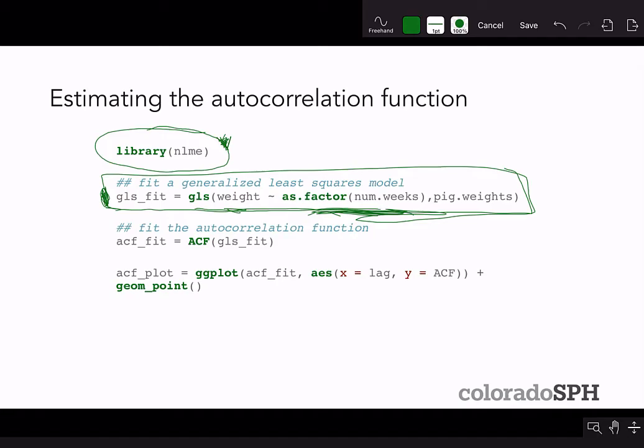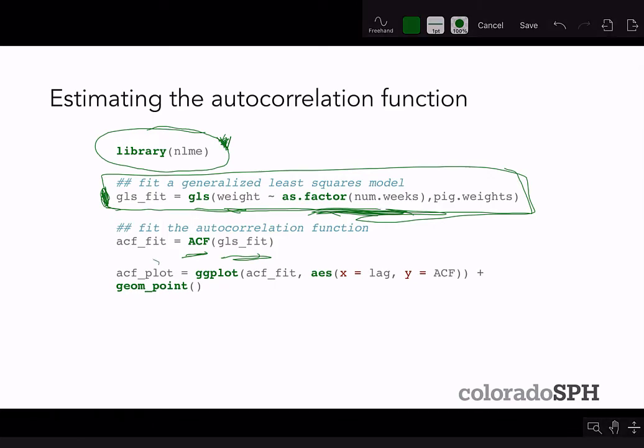We're not going to talk about generalized least squares in this course, but generalized least squares is basically linear regression where you relax the independence assumption for your errors. So you fit your GLS model, that's just going to give you a different mean at each of the different time points, and then you apply this ACF autocorrelation function to your fitted data.